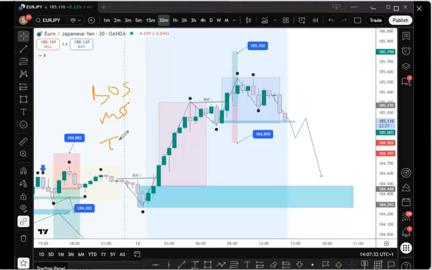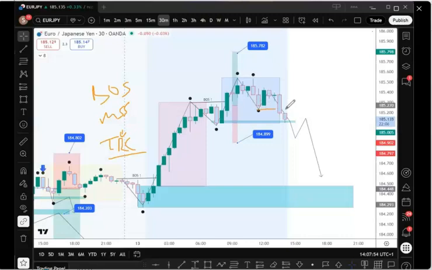I call them the trend rejection candle setup, which is the trend reversal candle setup. So we're just looking for that. Any of these three, whichever one plays out, we just follow it like that.